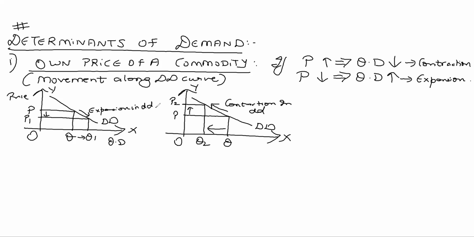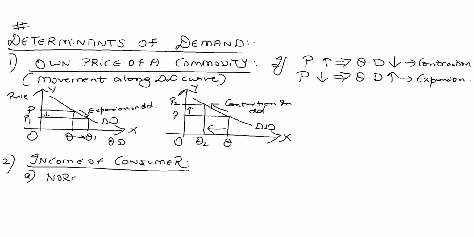Okay. Second factor which affects the demand for a commodity, income of the consumer. So guys, when we talk about income of the consumer, we can categorize our goods into two types, as you have done in high school if you had economics. One are called normal goods.